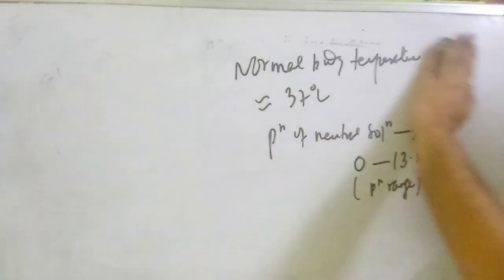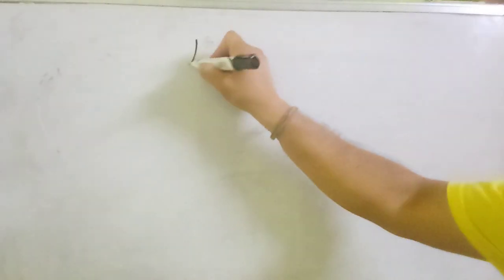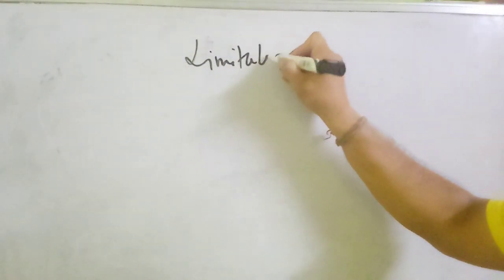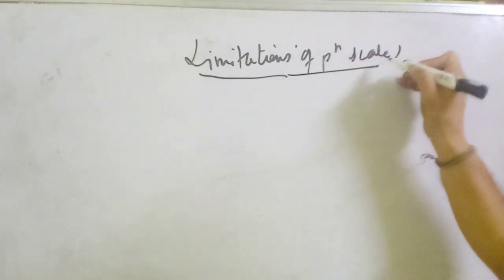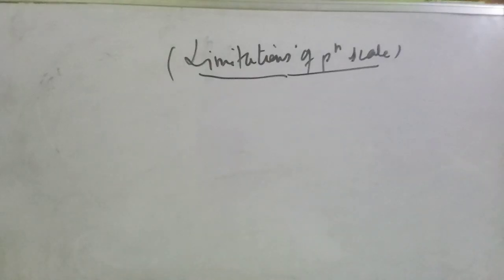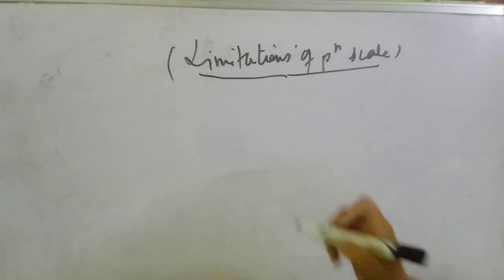Finally, let us discuss the limitations of the pH scale. What are the limitations of the pH scale? Is there any limitation? Does it have any limitations? Surely, because everything has its limitation.